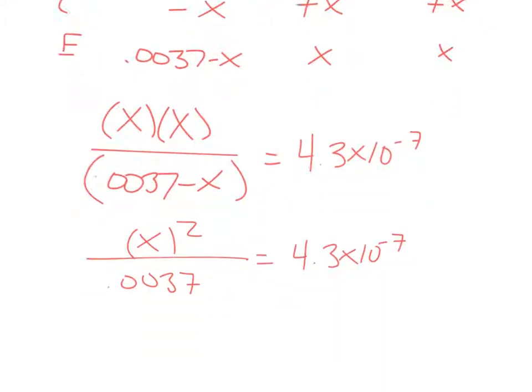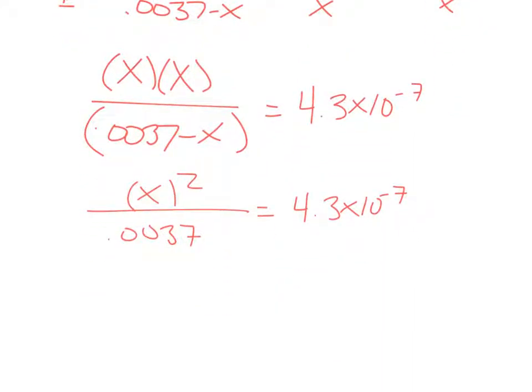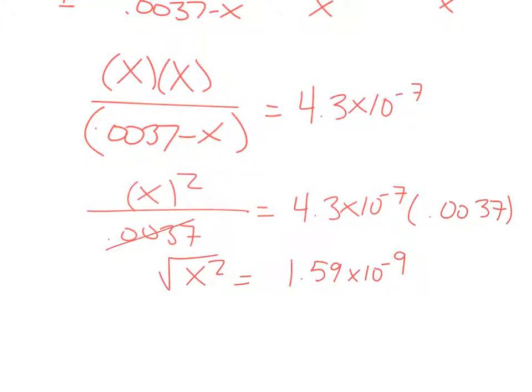By eliminating the x in the denominator and rearranging to solve for x, x squared is equal to 4.3 times 10 to the negative 7th times 0.0037. When you multiply those together, you get a really, really small number, and if I take the square root on each side, x is equal to 3.99 times 10 to the negative 5th.